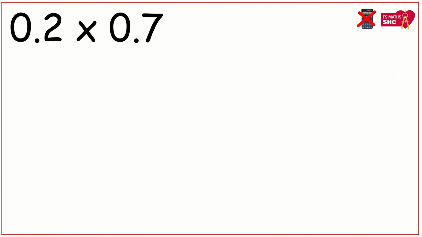Let's try the next one. Now we have a decimal number on either side, but we still count the decimal places. We've got 1 here, and we've got 1 decimal place here. So that's 2 decimal places. Now I'm going to ignore them and just do 2 times 7, which equals 14.